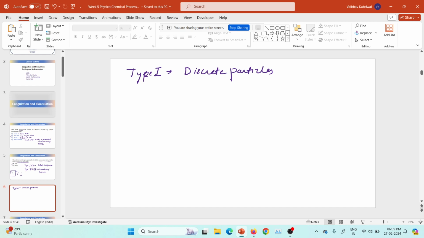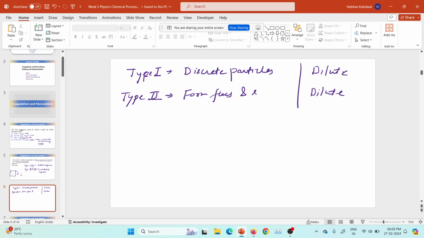They will settle independently. In type 2, they will form flocs. The suspension here is dilute in both, which means the concentration of particles is low in both suspensions. So they form flocs and then settle.